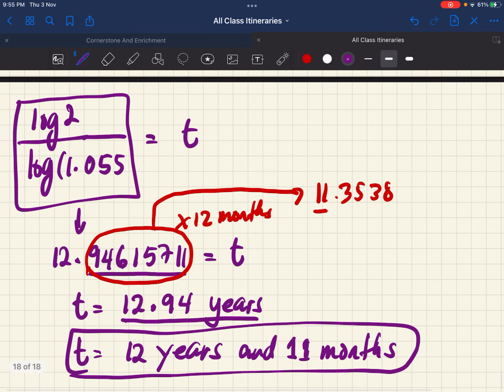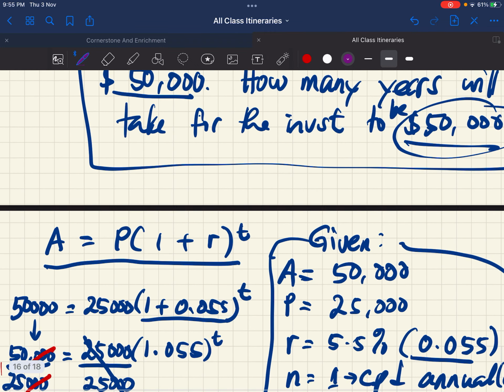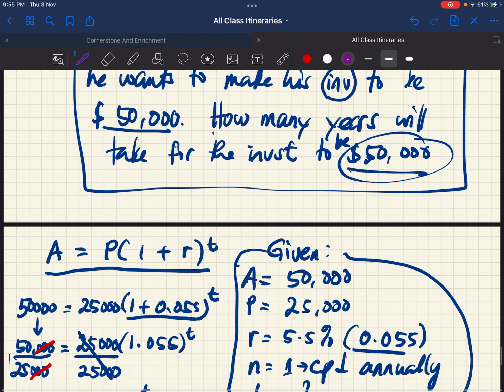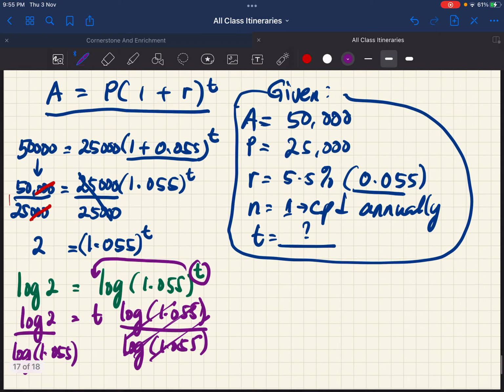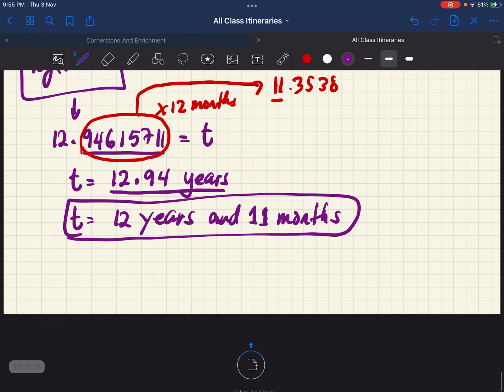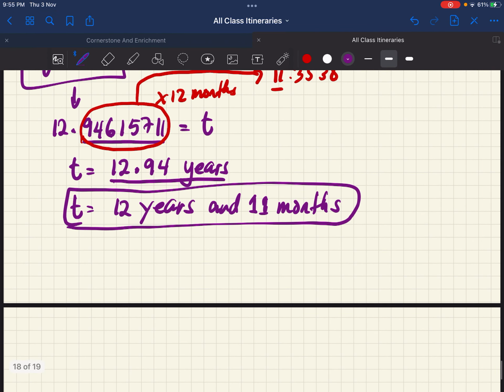So we're going to go back to our question. It says here, how many years will it take for the investment to become 50,000? So according to our calculation, we can now answer our question.